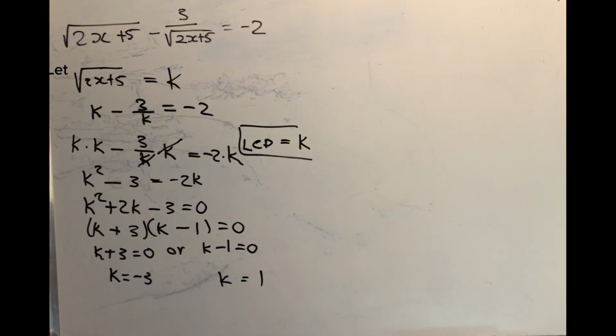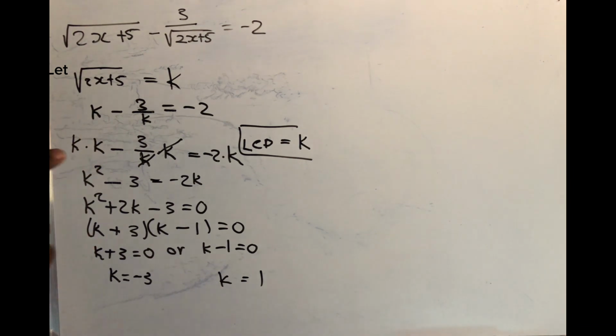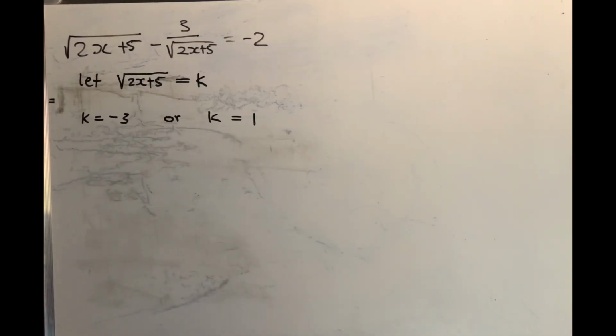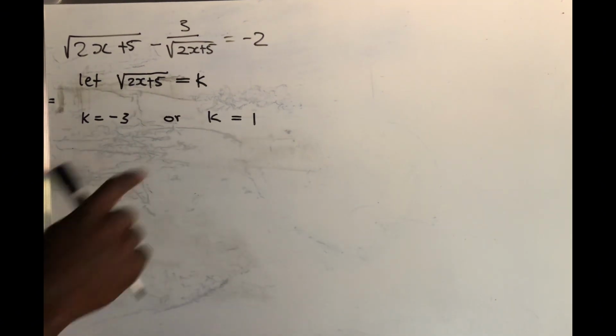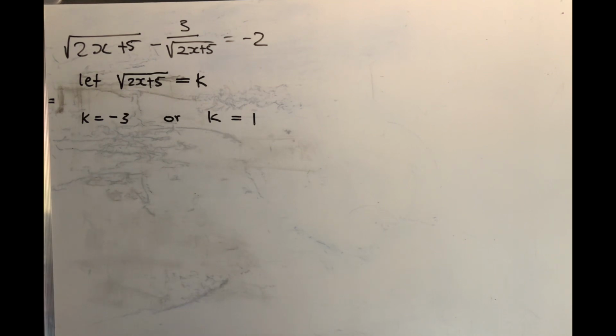But we already know that k equals the square root of 2x plus 5. We have to go back and substitute the values to find the actual value of x. Remember, we're not solving for k, we are solving for x. We got k to be negative 3 and k to be 1, but we want the value of x.